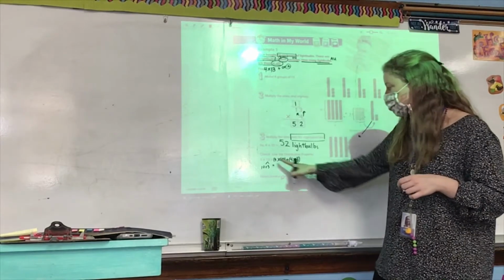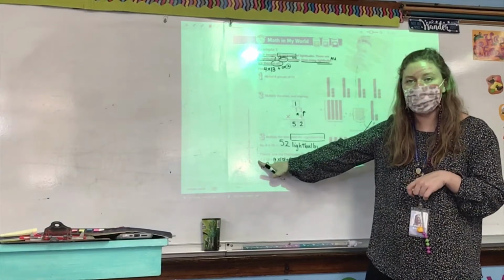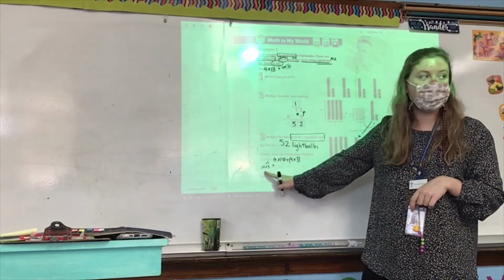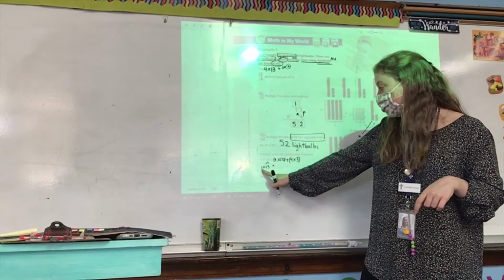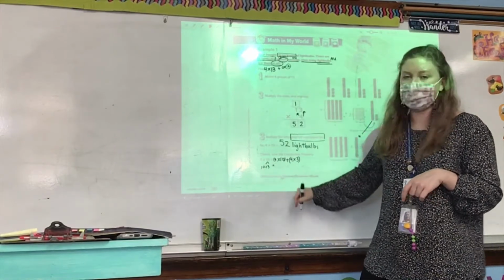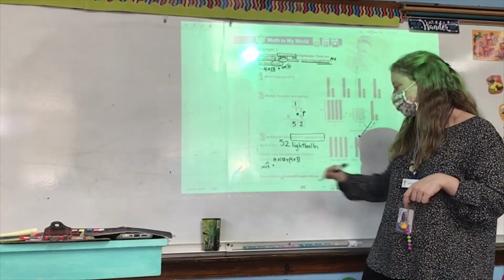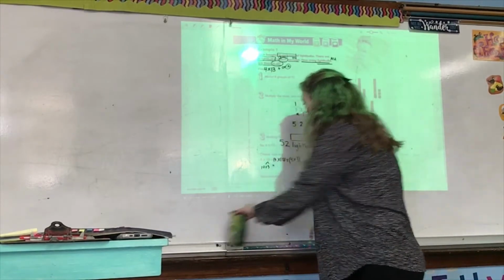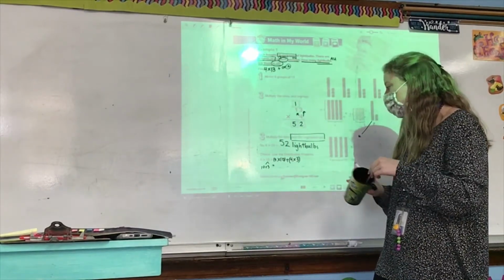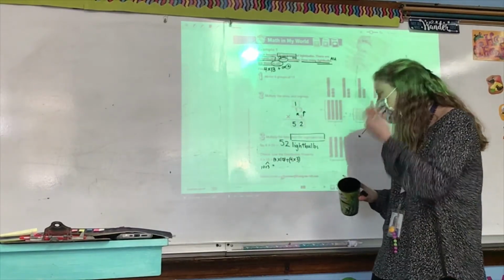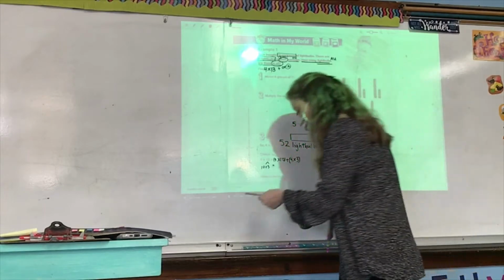Very good, because we're taking our smaller factor 4 and multiplying it by both pieces of the larger factor, the 10s, which in this case is 10, and the 1s, which in this case is 3. So we have parentheses 4 times 10 parentheses plus parentheses 4 times 3 parentheses.